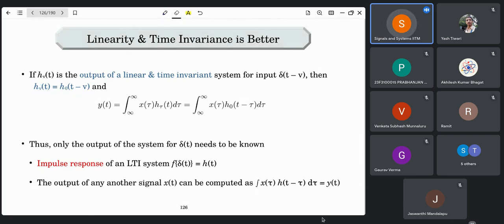What this says is, once again, maybe I can explain this with a discrete case so that things are easier, and then you can interpolate or extrapolate this to the continuous case. Let us say there is an LTI system.